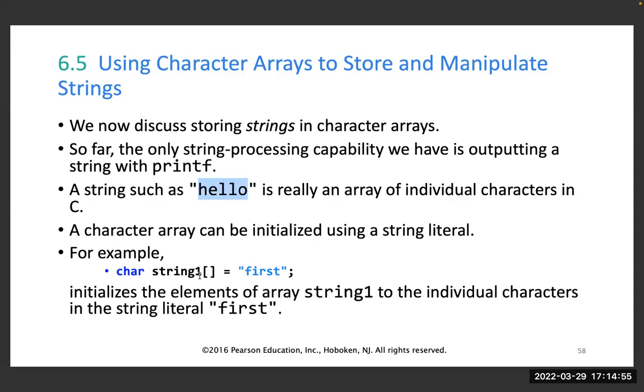Then square brackets, just keep them blank here. We will talk about this later. Then the word hello. If it has several characters, you need to use double quotes, to include the word or the sentence. If it's just one character, you can use single quotes.